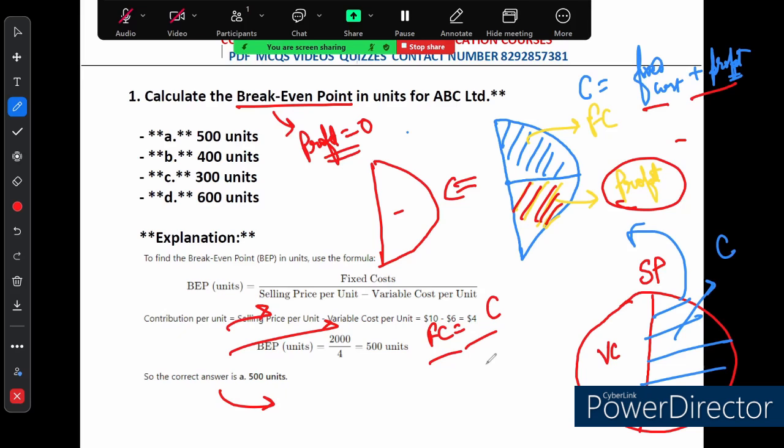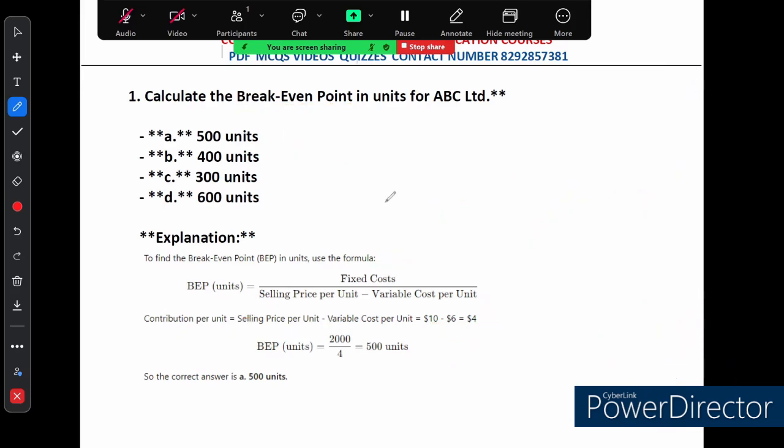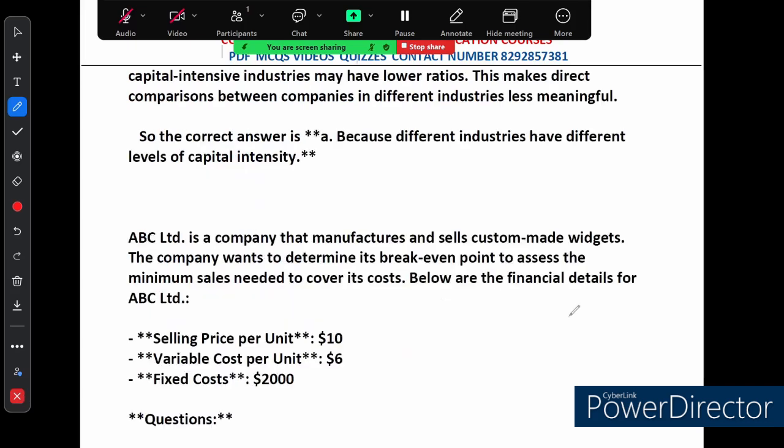So now let's go back to this particular question, and let's dive into how to calculate using what we have discussed just now. See, this entire circle is how much? $10. And this portion, which is variable cost, is $6. So this portion will be $4. Now this $4 is our contribution margin per unit.